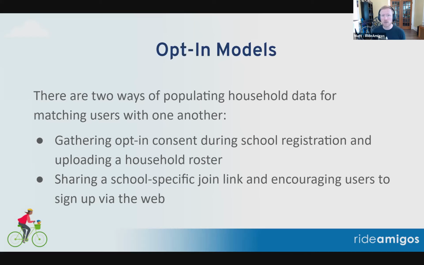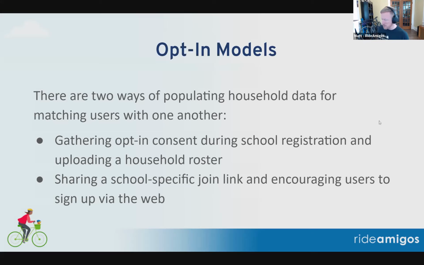Oftentimes this is included as part of the school's registration, asking: are you interested in being part of a school pool program where you can be matched with other families, and your data would be shared. The other way is to have users sign up via the web after they've registered but before school begins, using a join link that allows them to come in and enter all of their information into the website itself. We'll be seeing variations on these two opt-in models as we go through the program today, and I'll be pointing out which workflows apply to which of these two.